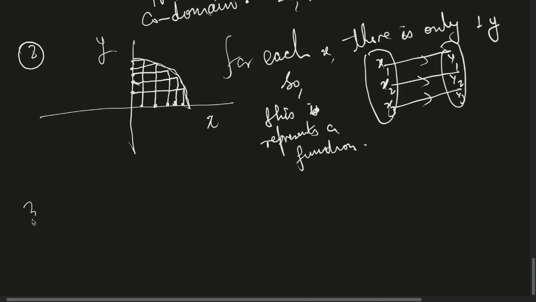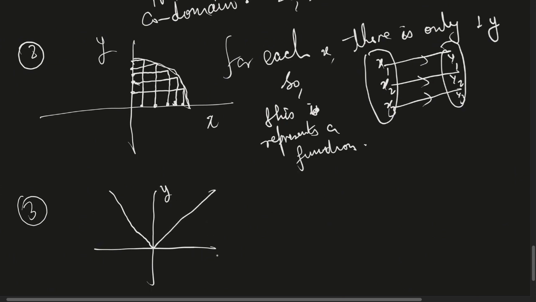Let us see some more examples on graphs. Take this graph. This is nothing but the graph of y equals modulus of x. So now if you look for all x, for this x, this is the y value. For this x, this is the y value. Similarly, for this x, this is the y value.